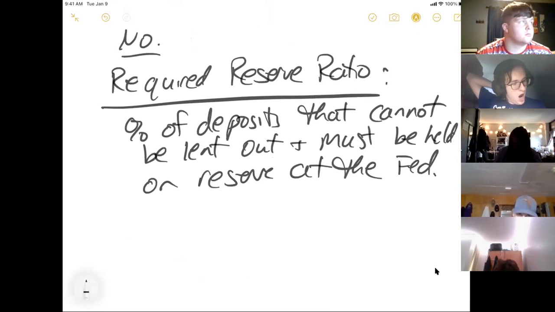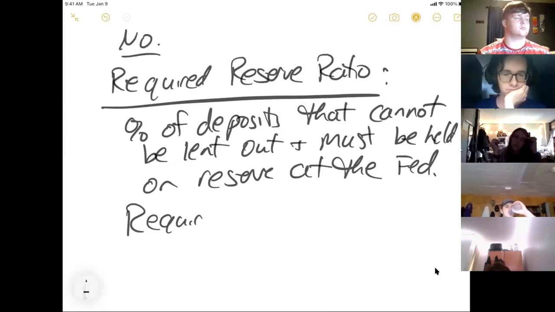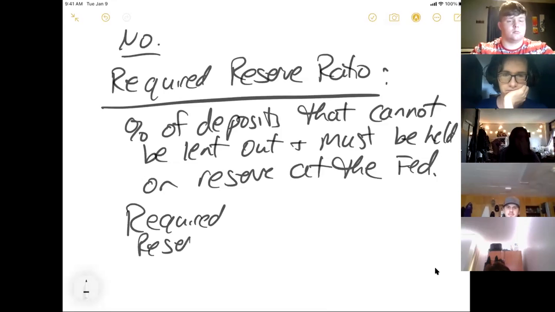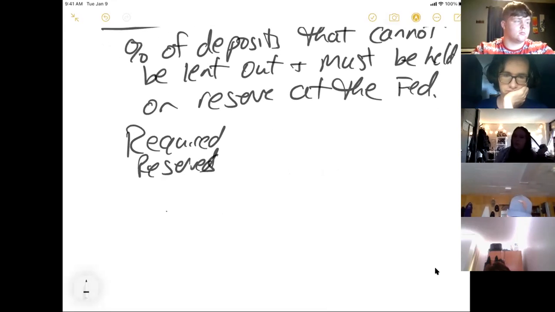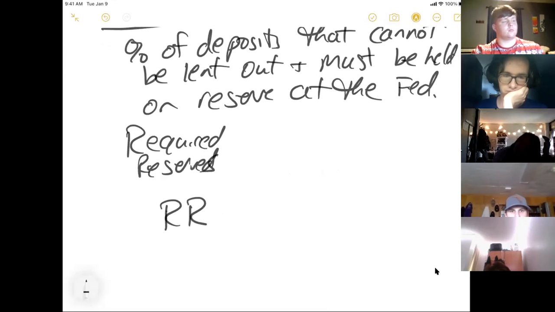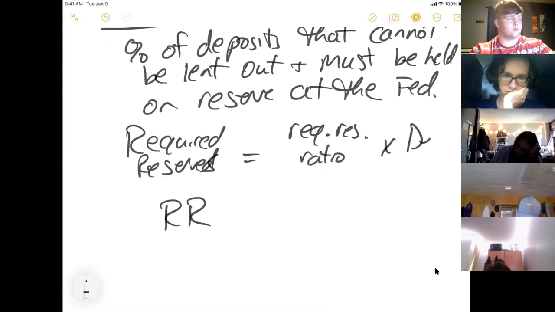Whenever a bank takes in a deposit, a percent of that they cannot lend out, but instead they have to keep that on reserve at the Fed. Think about it this way. A bank's required reserves, which your book calls, I'm trying to use the same notation, is equal to the required reserve ratio times the amount of deposits.